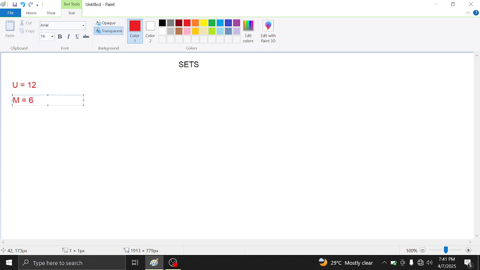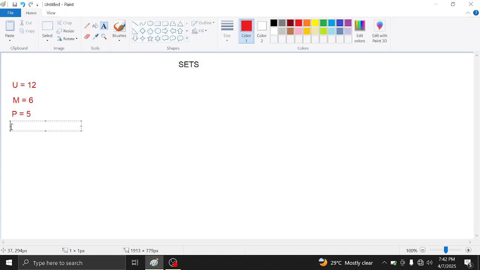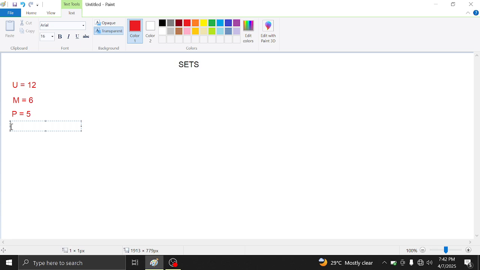Also, 5 teach physics, so let's represent that as P for physics being 5. And 4 teach chemistry, let's represent that by C, so it's going to be 4 for C. And from the question again, it says 2 teach mathematics and physics, but no one teaches both mathematics and chemistry. So let's draw that on a Venn diagram.